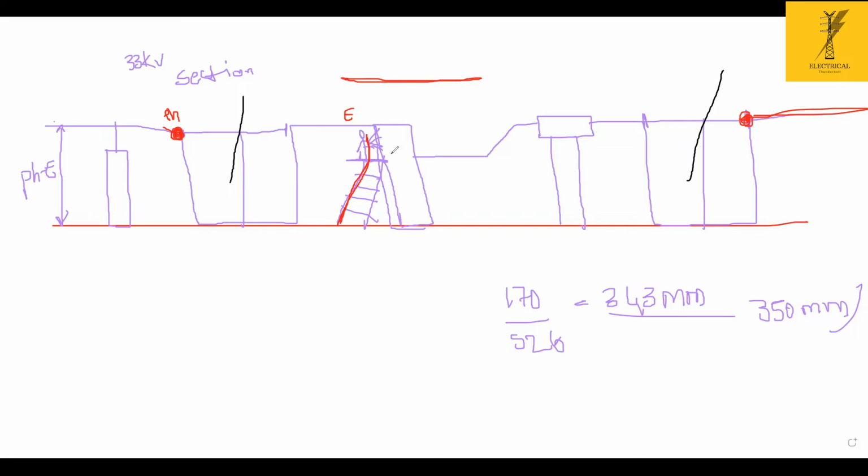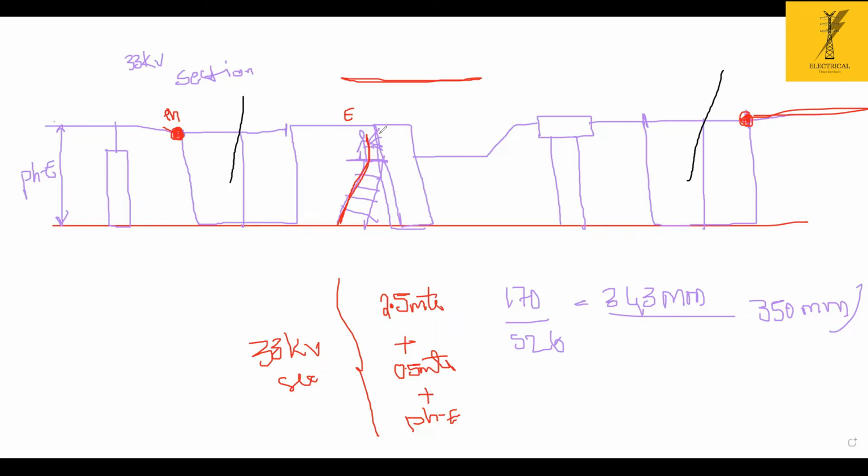So the height of the person we also consider, as a maximum, 2.5 meters and a margin of 0.5 meters, plus phase to earth clearance, gives you the 33 kV sectional clearance.